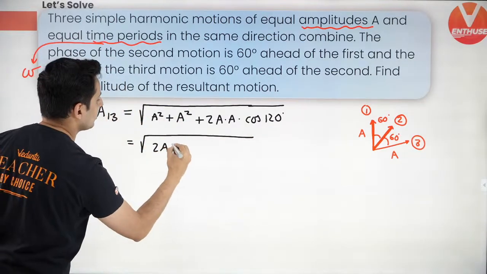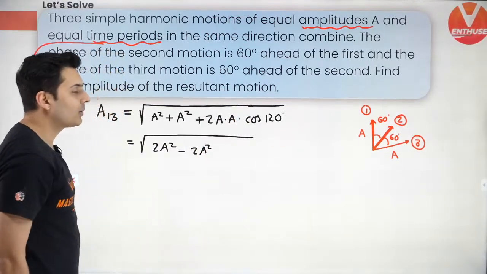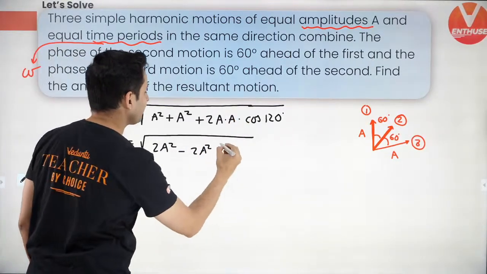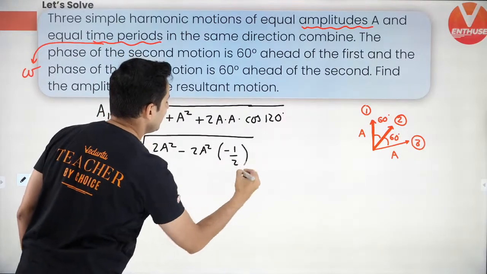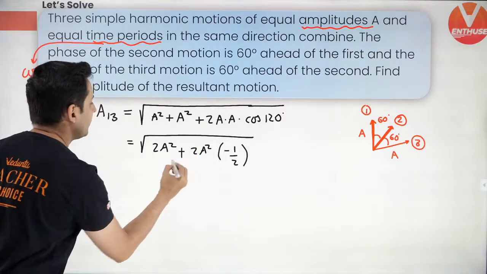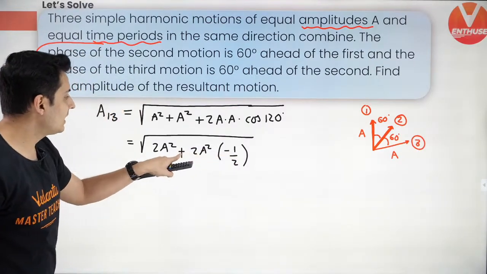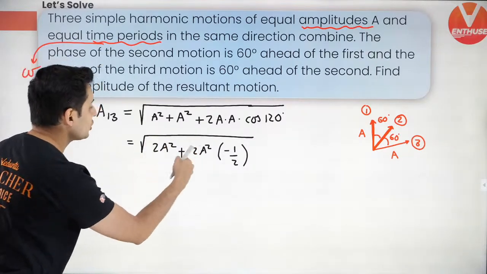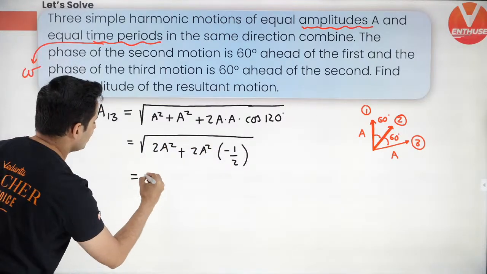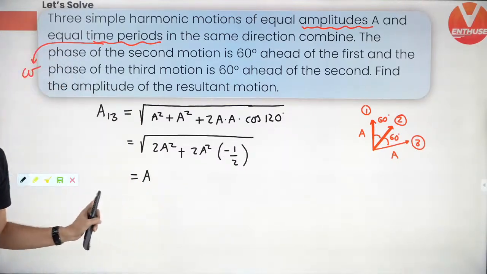It will become 2A squared plus 2A squared into cos 120, which is minus half. Oh sorry, this was plus, my bad. So plus 2A squared with that minus sign becomes minus A squared. So 2A squared minus A squared is just A squared, and the resultant is A. I hope this is clear.